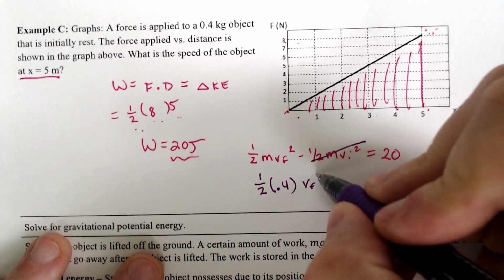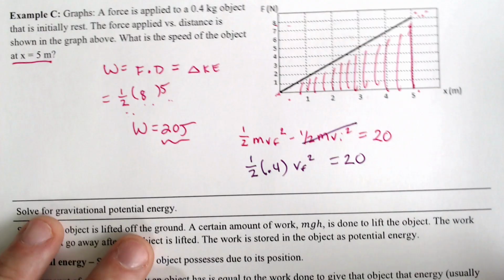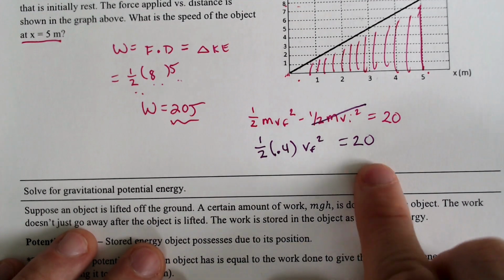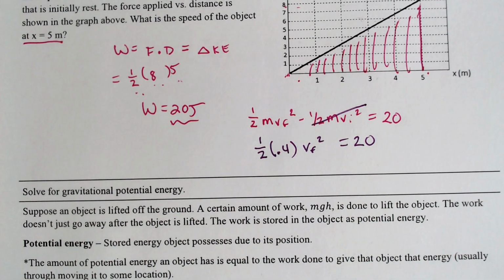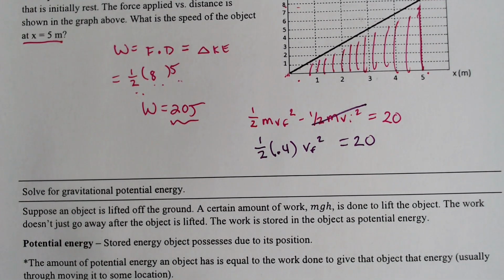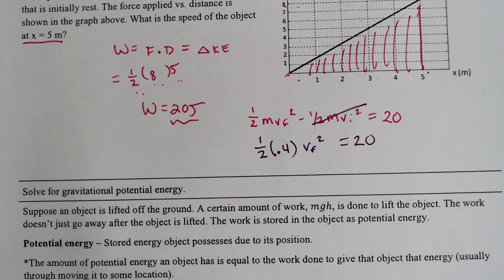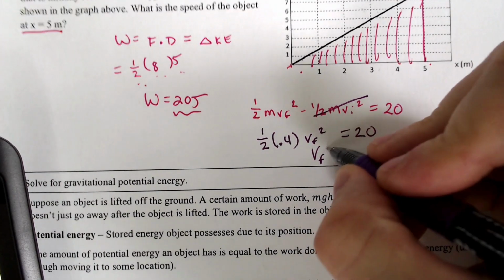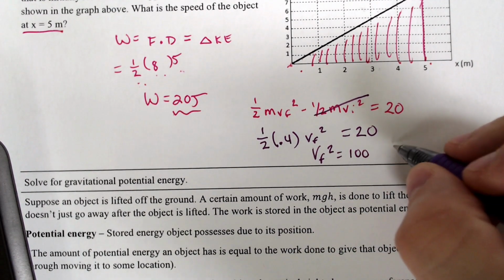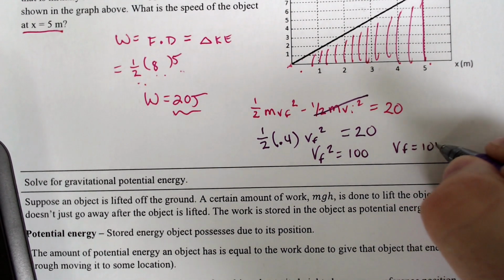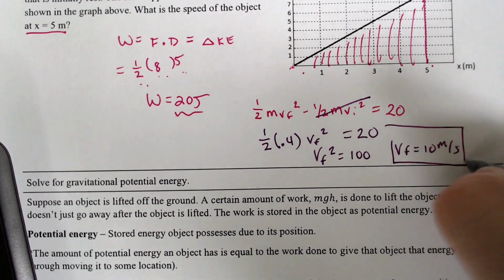We got Vf squared would equal 20 multiplied by 2, and then divided by 0.4. You get Vf squared is equal to 100, and that means your final velocity would be 10 meters per second.